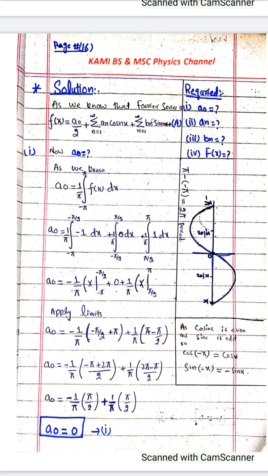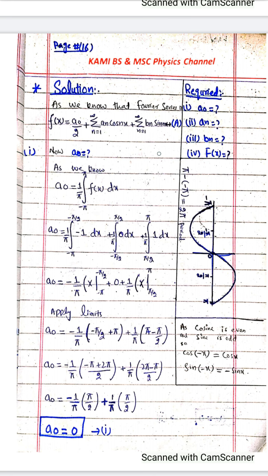This is my equation a. Now first we will find a naught. As we know, a naught is equal to 1 over pi integral with limit minus pi to pi of f of x dx.